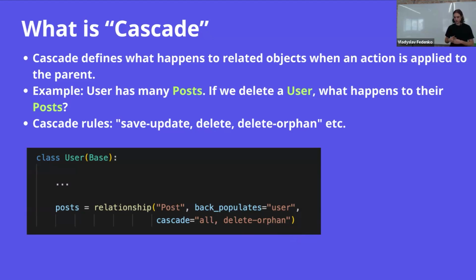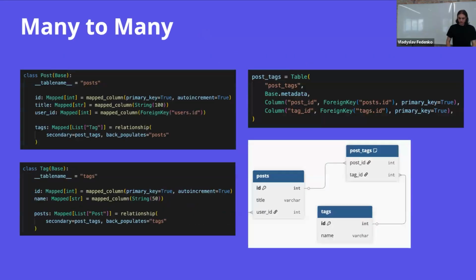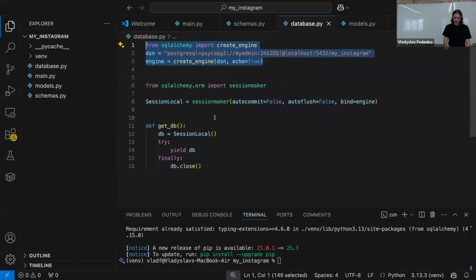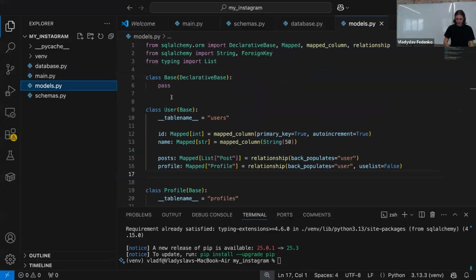So delete orphan means that in our system we will not tolerate any posts that have a foreign key of a user that doesn't exist anymore in our system. Yeah, and I think this is it about models. Let's see how it looks in real code.